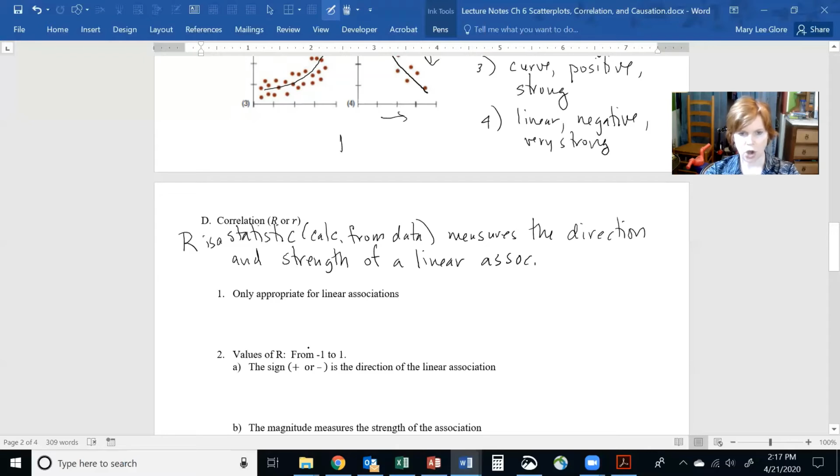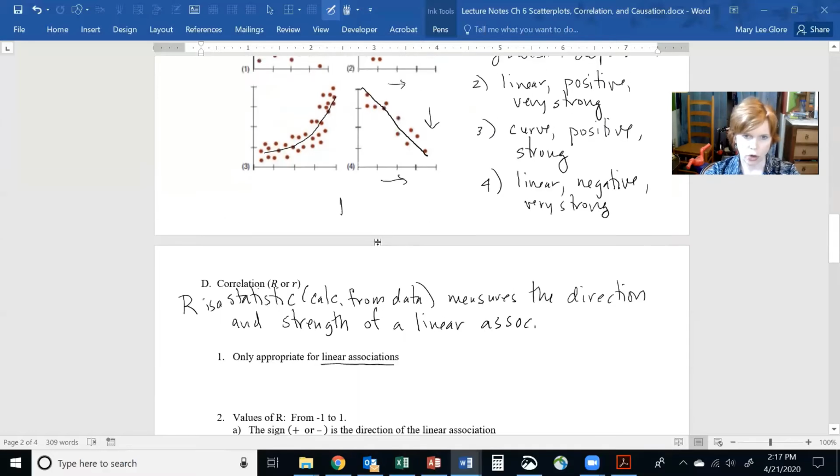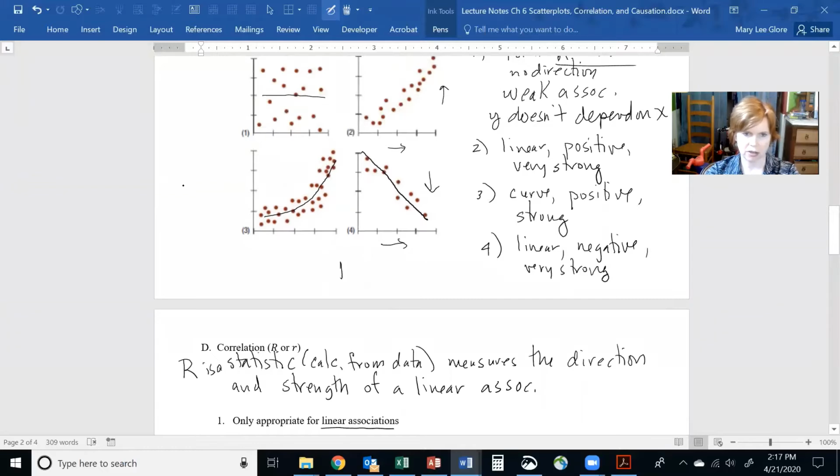It's only appropriate for linear association. Basically it is saying how linear are you? When things are curved, like this guy right here, it is not appropriate to calculate R, because you'd be asking how linear is it? It's not linear, it's curved.